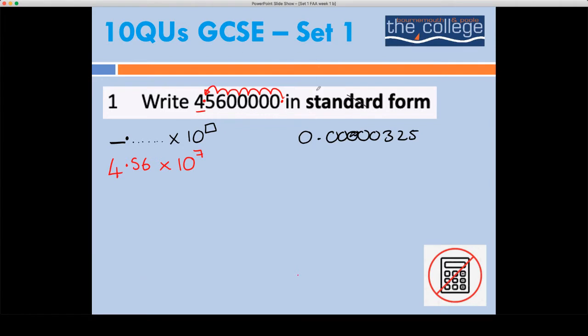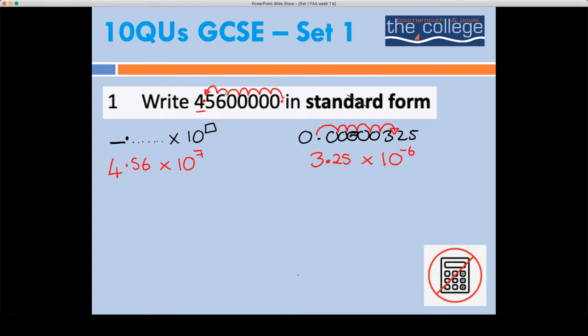So the decimal point is here. We need to move it 1, 2, 3, 4, 5. That is moving 6 places to get to the right place. So the answer should be 3.25. It's moved 6 places and it's gone down the number line this time. So that makes it a power of -6, because it moved down the number line 6 places.